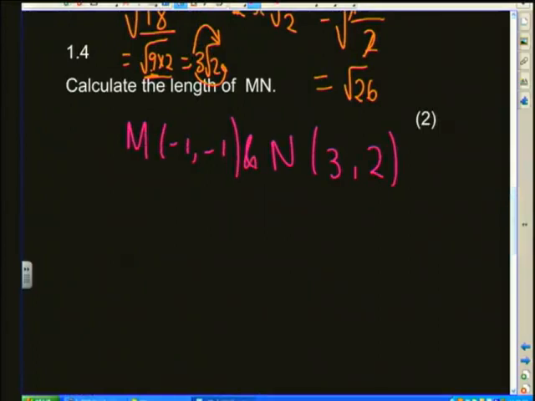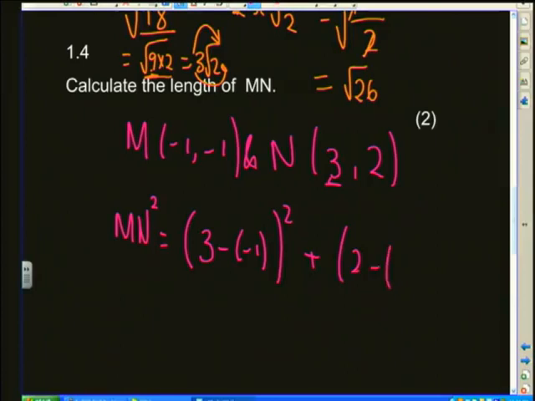All right. So our distance formula says MN squared is going to be equal to, okay, we're going to start with our x2 first, so it's going to be 3 minus 1 all squared plus 2 minus 1 all squared.